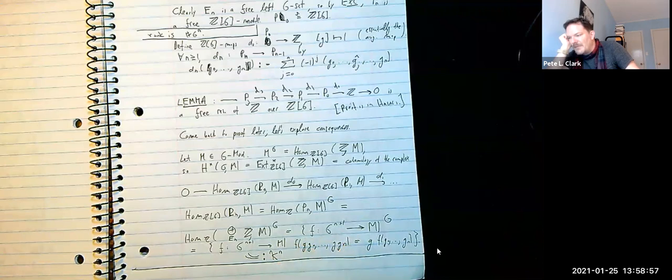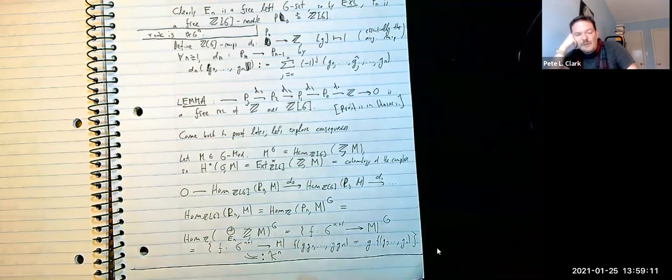If you have a map between G sets, then usually, maybe later in this lecture, we'll see something that looks like an exception, although it's secretly related. The most reasonable G structure to put on a Hom between G sets is you act on the inside by G inverse and you act on the outside by G. And then we saw that the G invariants are the ones that are actually G maps.